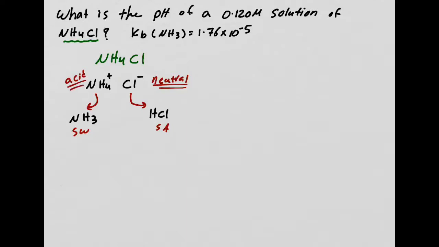So what do I have here? I have an acid and I have something that is neutral. What is going to be the pH here? The pH is going to be acidic. So I'm looking for a pH that is acidic. You guys follow that? Okay.